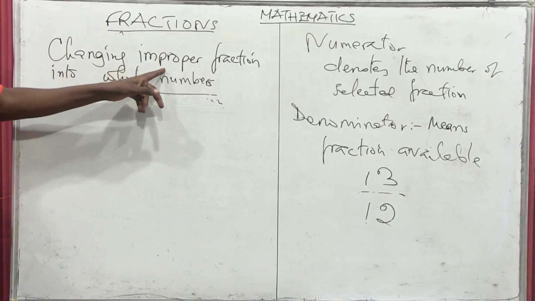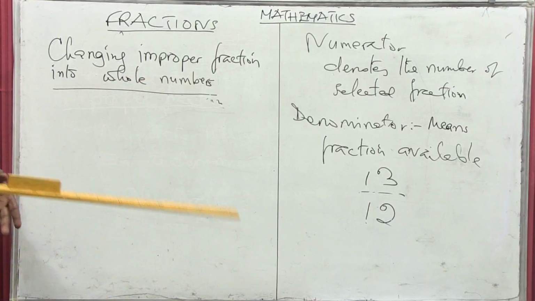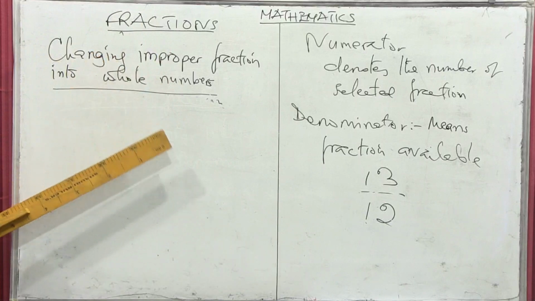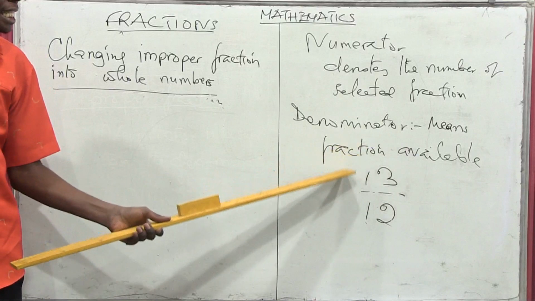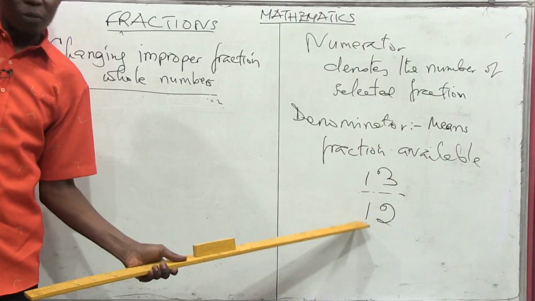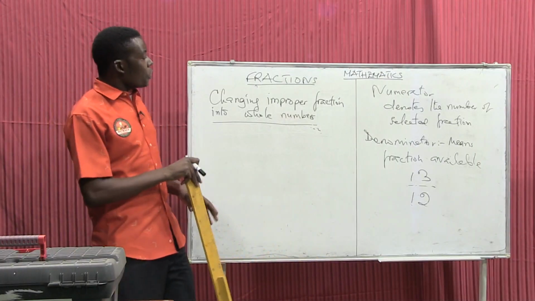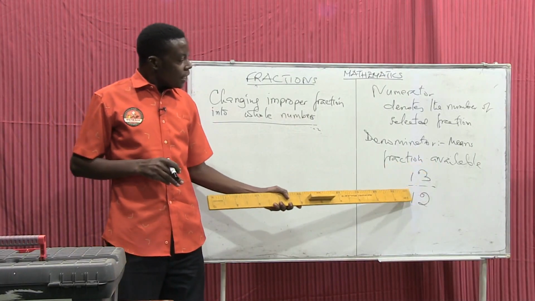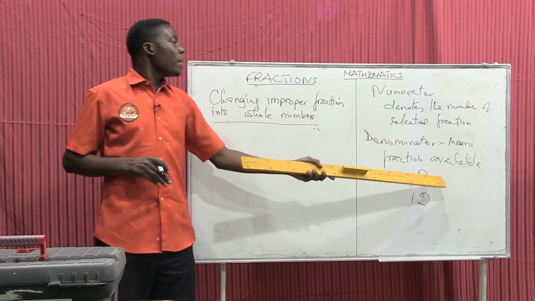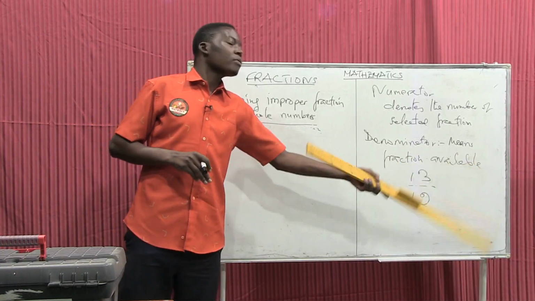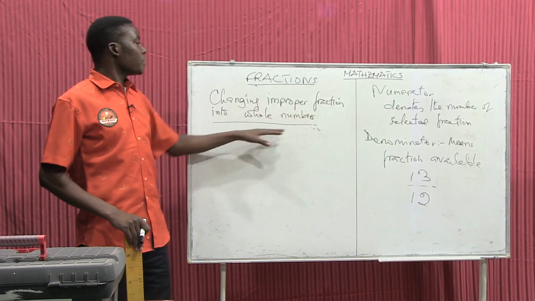Change the improper fraction into whole numbers, since it is very difficult to understand that you are taking 13 or a number which is greater from the few. So you have to change the improper fraction into a whole number or into a whole number and a remaining fraction. How to change the improper fraction into a whole number?